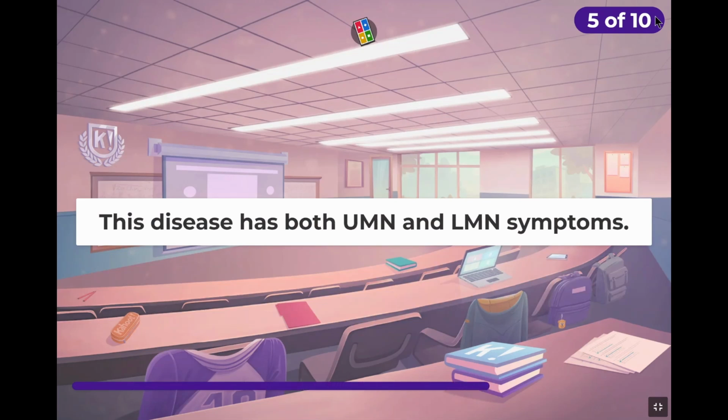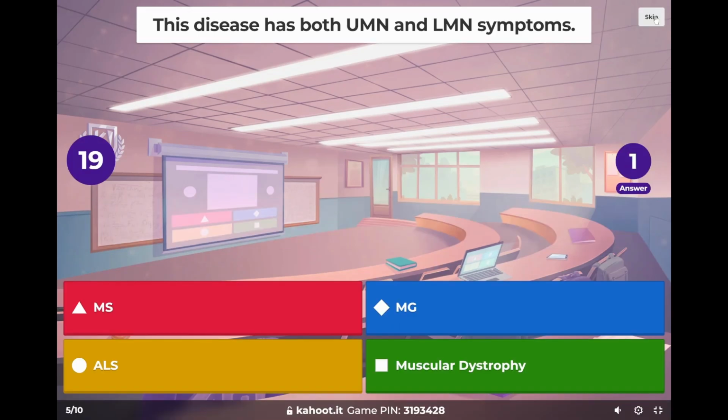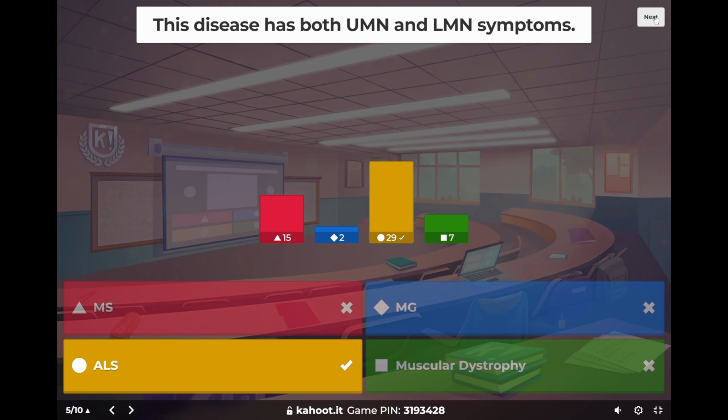This disease has both upper and lower motor neuron symptoms, both upper and lower. What part of the spinal cord is this disease destroying?